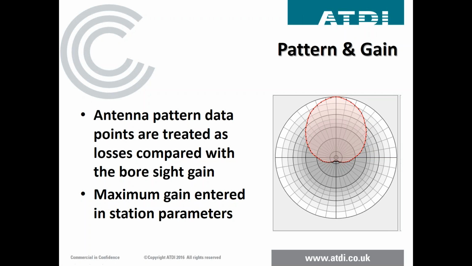They're points, so they're treated as losses compared with this maximum gain. So it's the form of the pattern which is the important bit, and then we either automatically, if it's via say an MSI PLT file, have the gain applied, or we have to manually enter it into the station parameters. So the pattern, as you can see here, is losses relative to the main boresight, and the gain is entered separately.